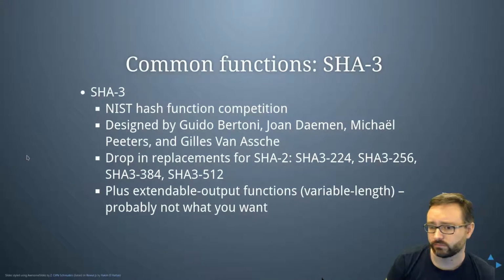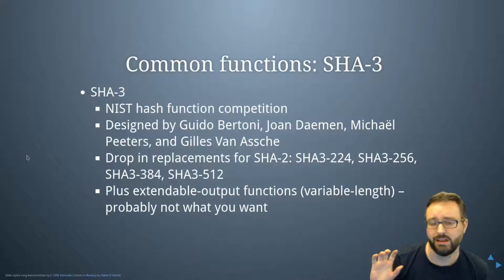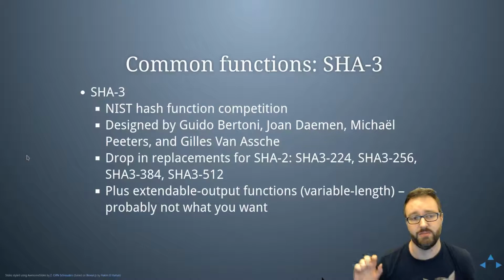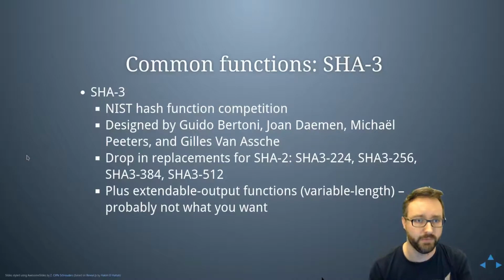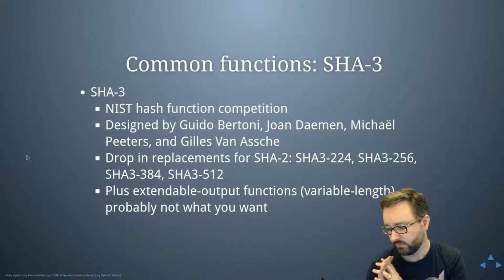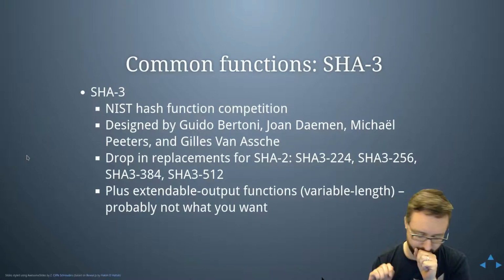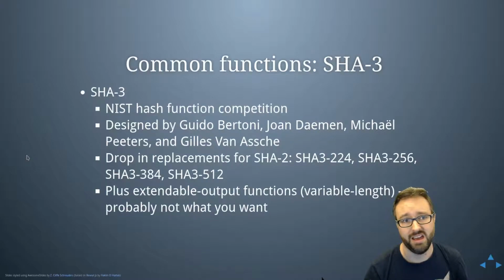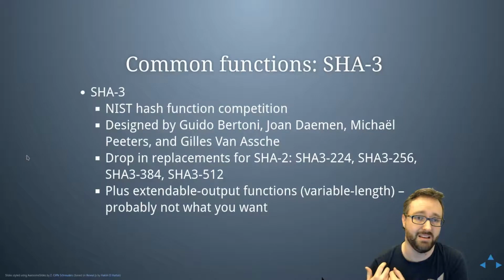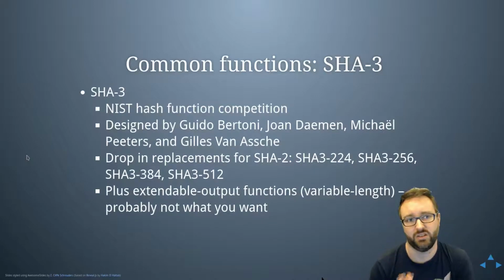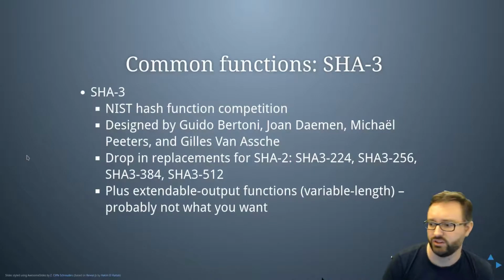SHA-3 was published, and it was decided based on a hash function competition that NIST ran, where a bunch of different academics and cryptographers competed to find the best one-way hash function.